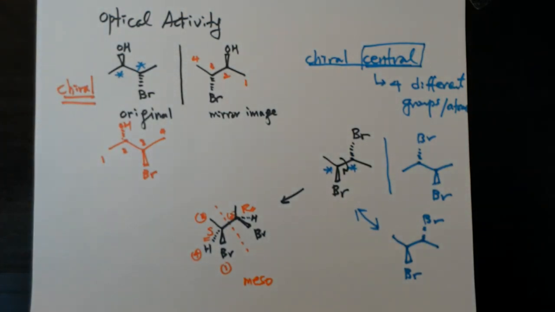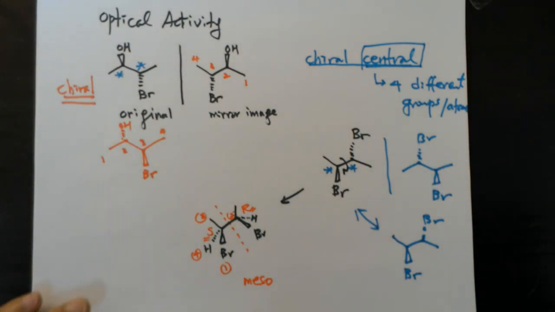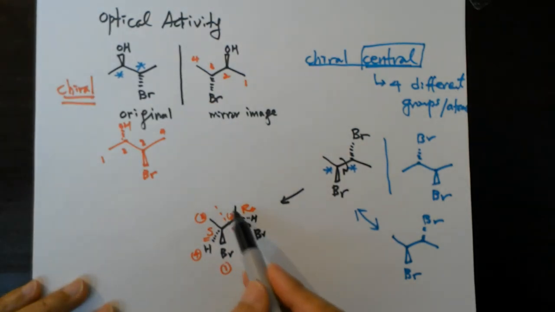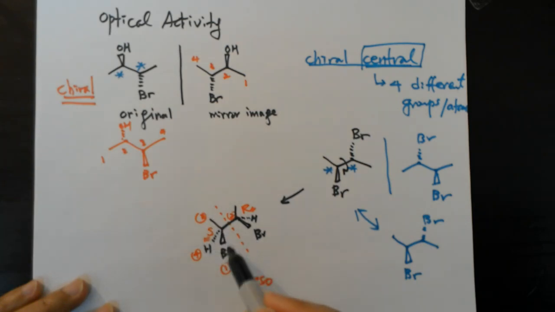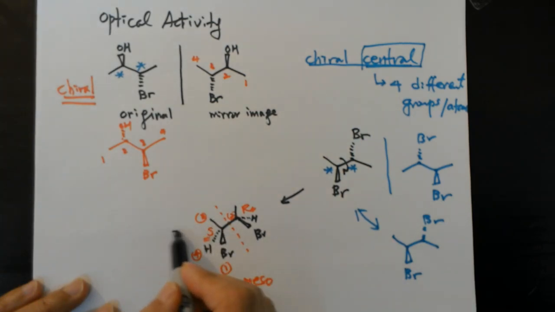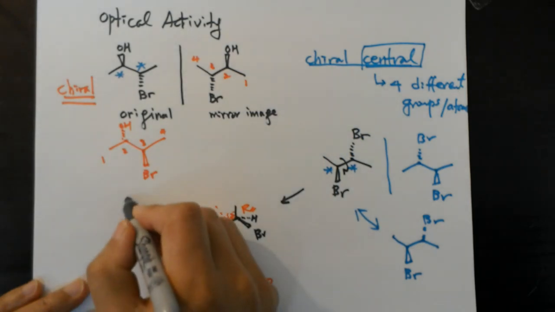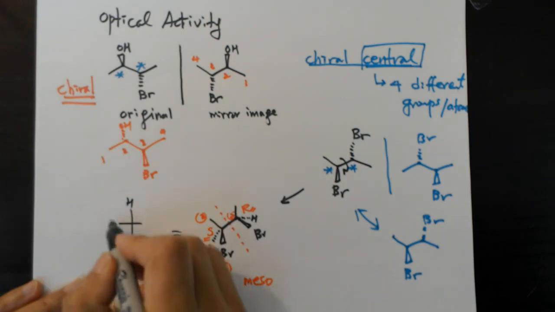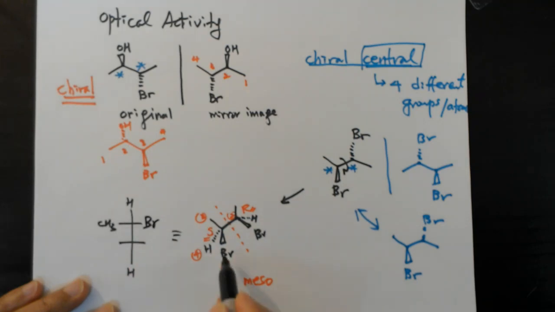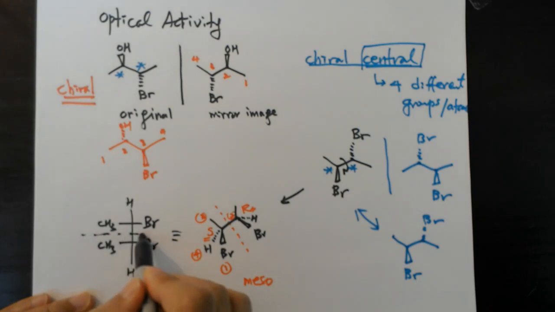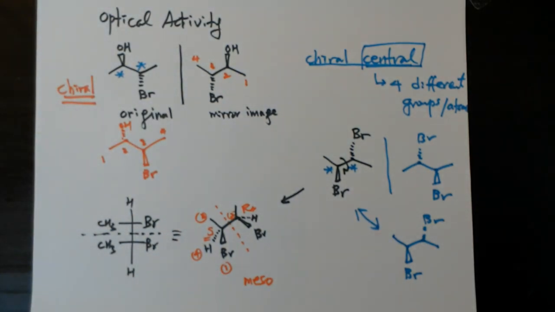And you can also draw this in the Fischer projection. The easiest way is having hydrogen away from you as it is, and having these two side groups coming towards you, and this as well. You can show this way and this way in the Fischer projection: hydrogen, hydrogen, and CH3 here, and the bromine here, and CH3 there, and you see this mirror reflect.